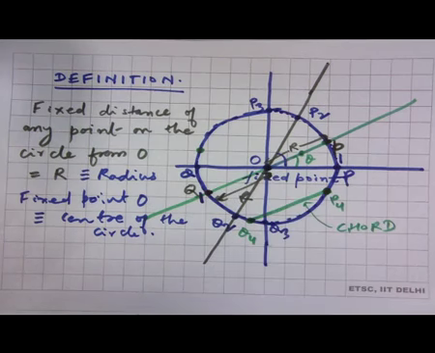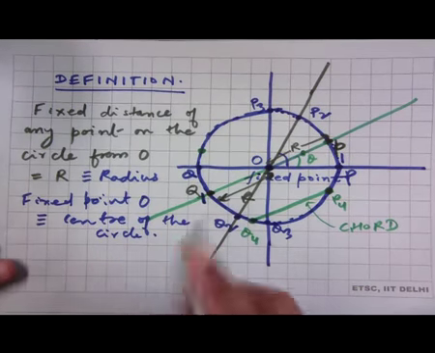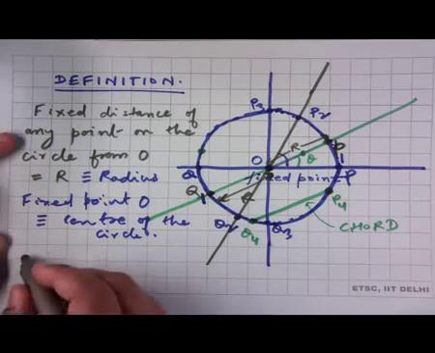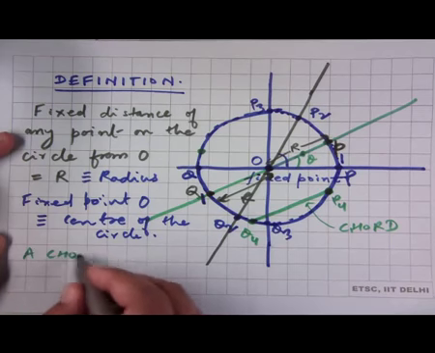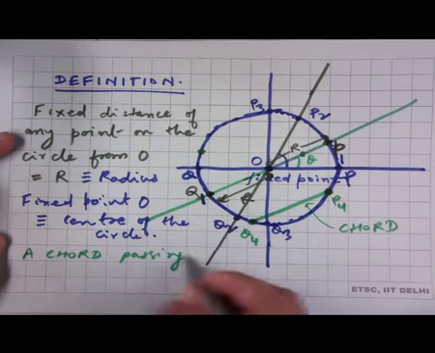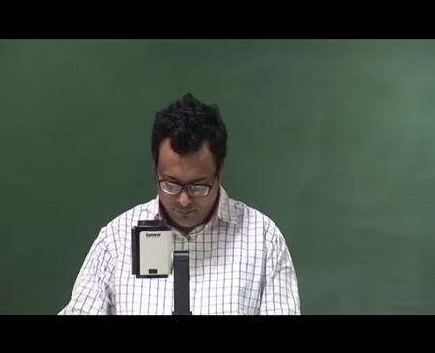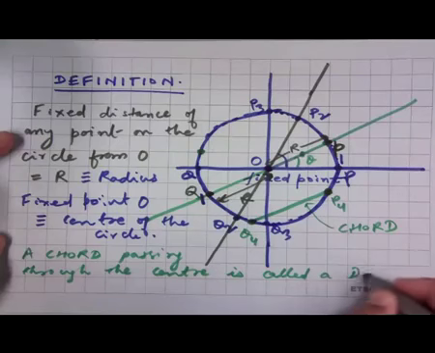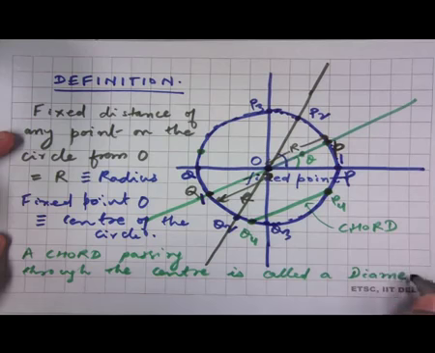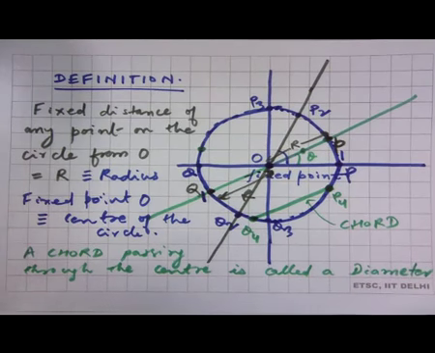Therefore, such a chord is given a special name called a diameter.